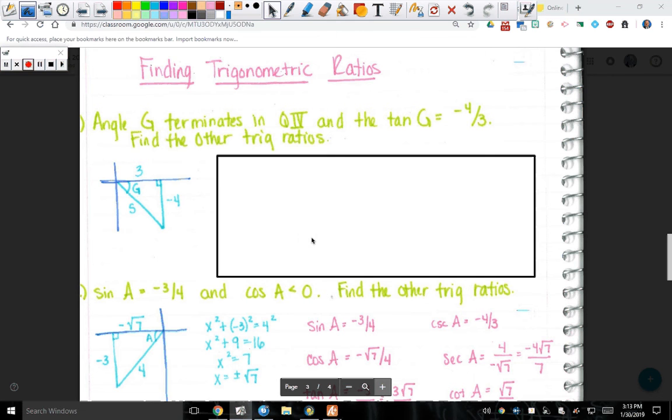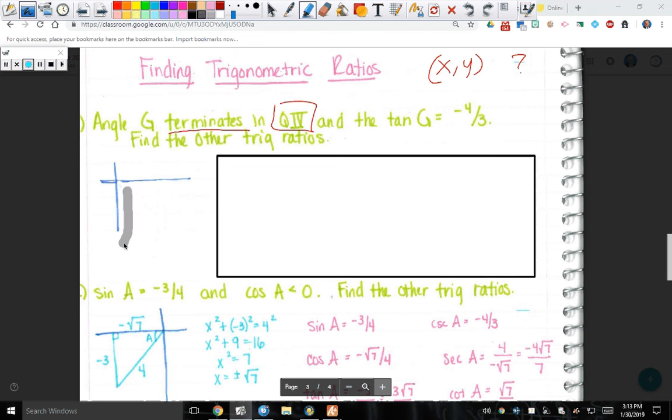Now, I'm kind of showing you too much, but anyway, right here, can you tell me what is different about this problem from the one that we just did? They did not give me a point. They gave me that it ends in quadrant 4.